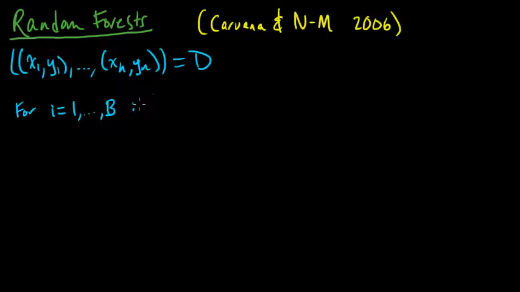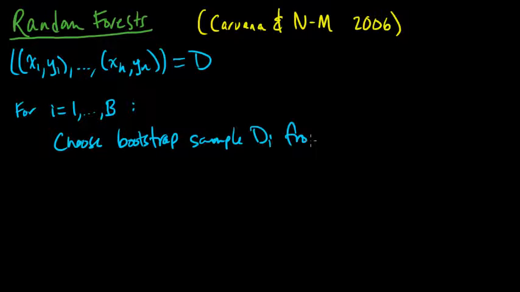For each tree, we choose a bootstrap sample from D, call it Di. This is just like what we talked about in bagging: you sample n points with replacement uniformly from this set.